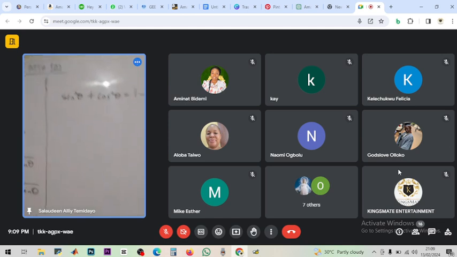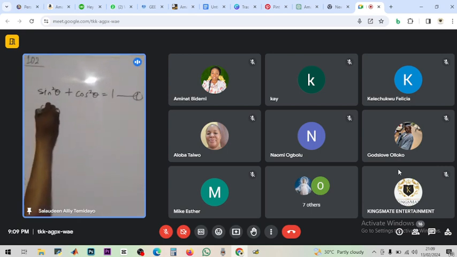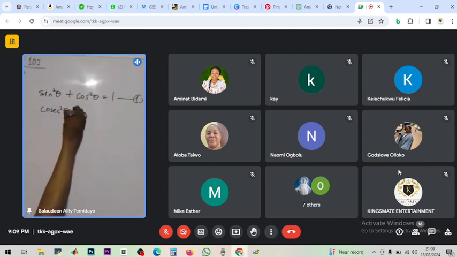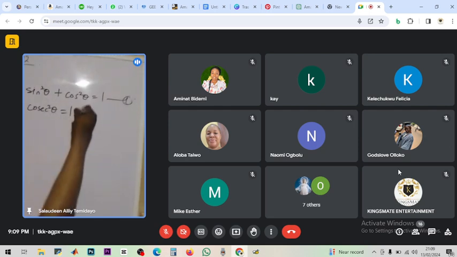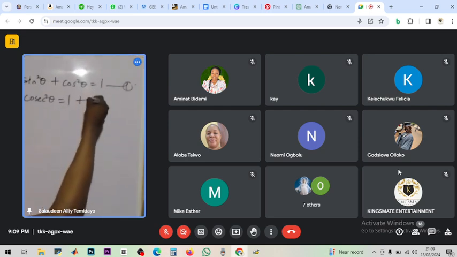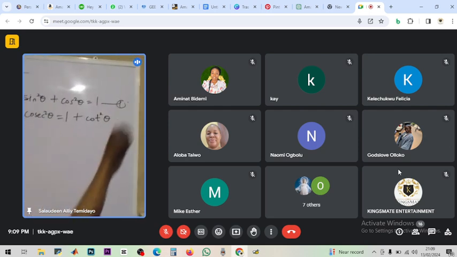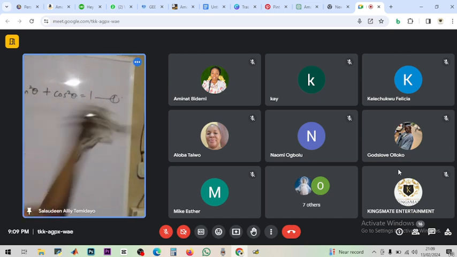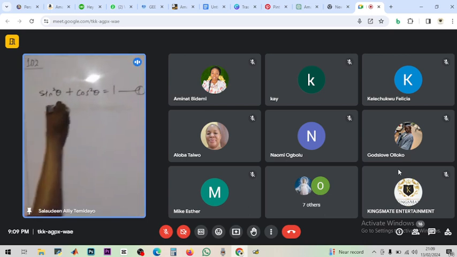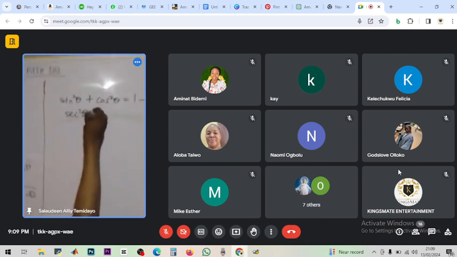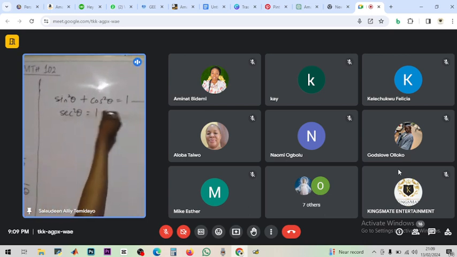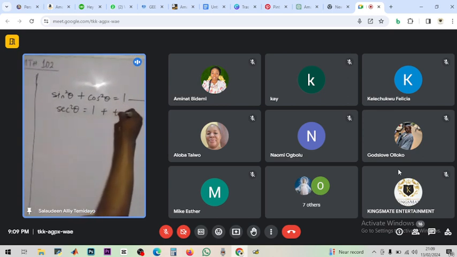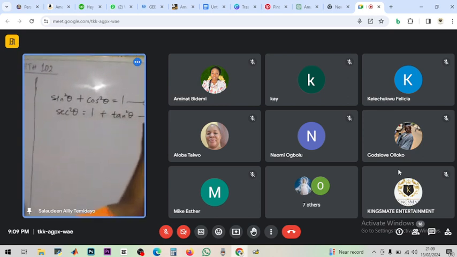Another one is sec square theta equals 1 plus tan square theta.